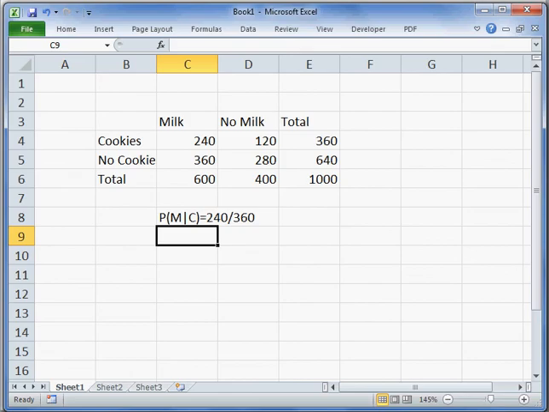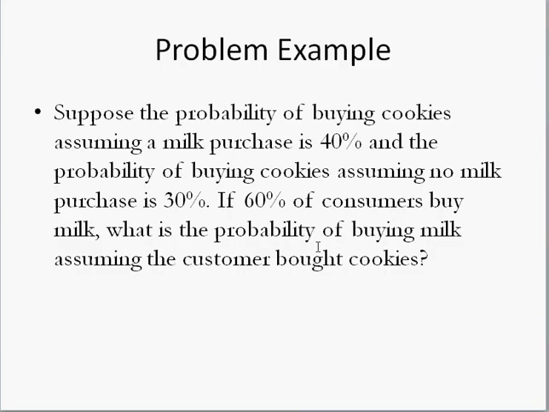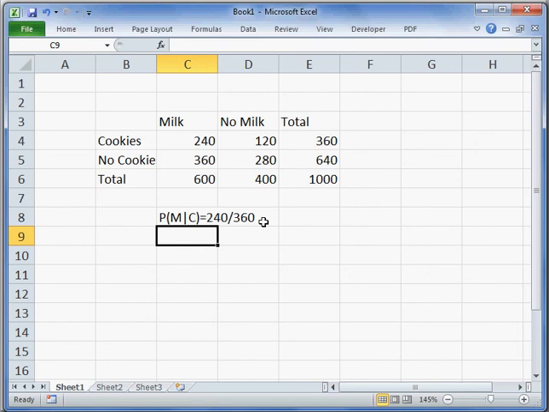So that's the probability of milk assuming cookies, and we get that final answer of 2/3.